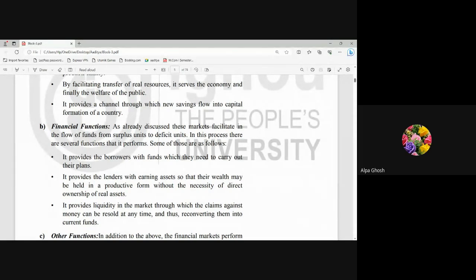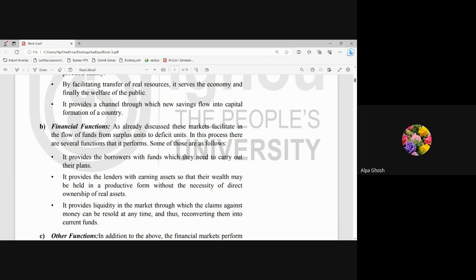So production takes place, supply of goods takes place, and the last financial function is that it provides liquidity in the market. The liquidity in the market is converting the investments again into cash. First we have cash, we make investment, we block the liquidity, and then when we go for selling the investment, we get back to the liquidity.